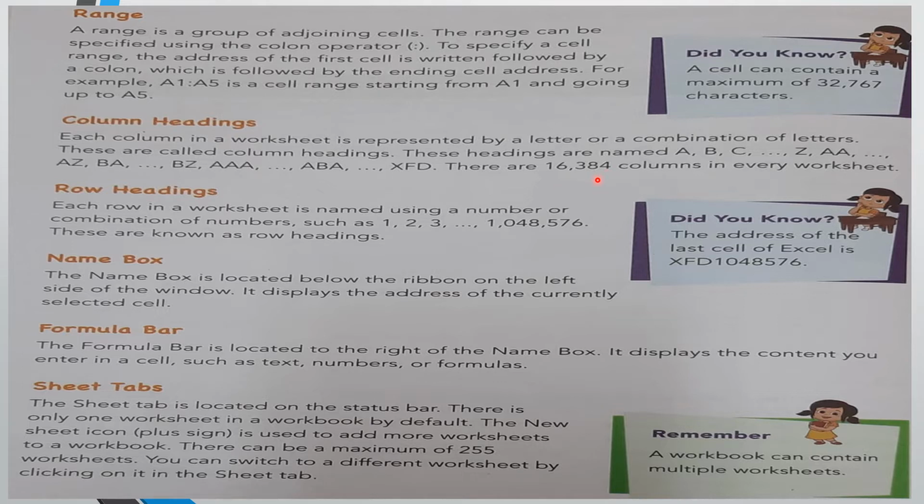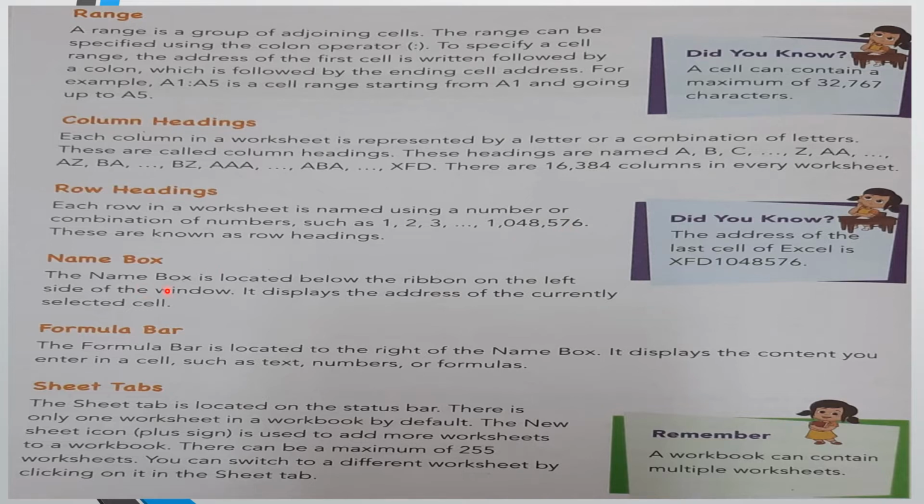It is the last column address. Next is row headings. Each row in a worksheet is named using a number or combination of numbers such as 1, 2, 3, and so on. And the last cell number is 1048576. These are known as row headings.